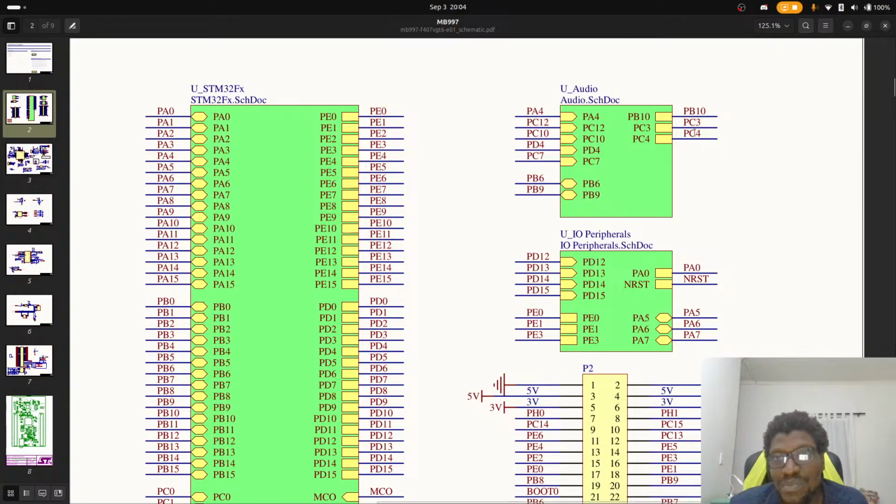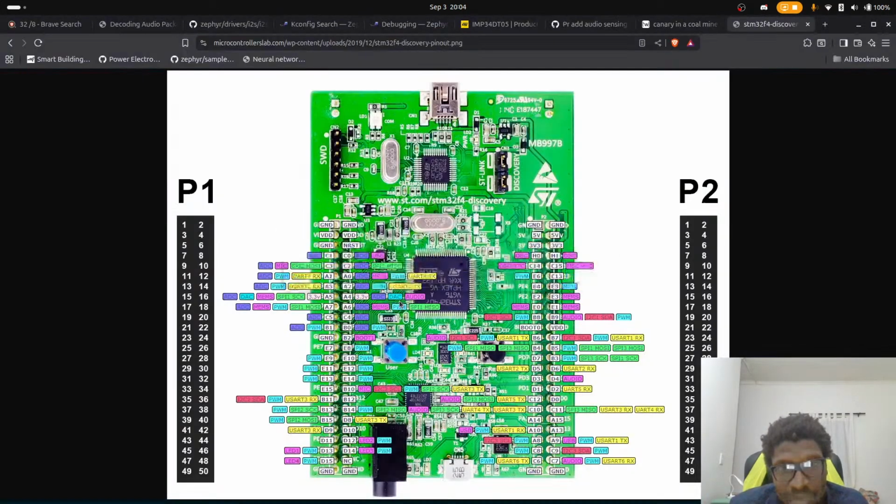So PC3 and PC4, where do they go? C3 goes to the mic. C4, where does it go? I cannot see C4 quite available. I don't think C4 is exposed.